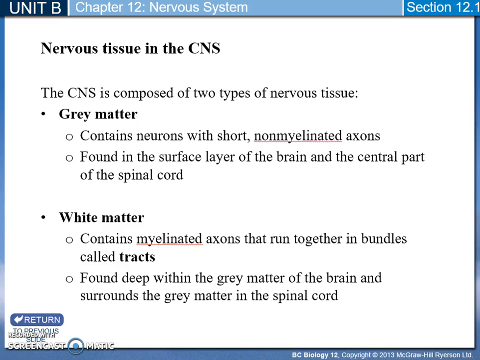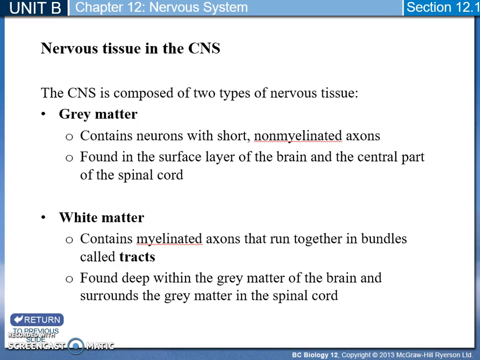The central nervous system is composed of two types of nervous tissue. One is the gray matter, and this contains most of the neurons with short, non-myelinated axons. This is the gray matter that's found in the surface layer of the brain and the central part of the spinal cord.